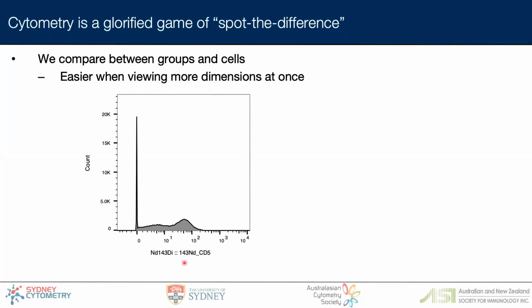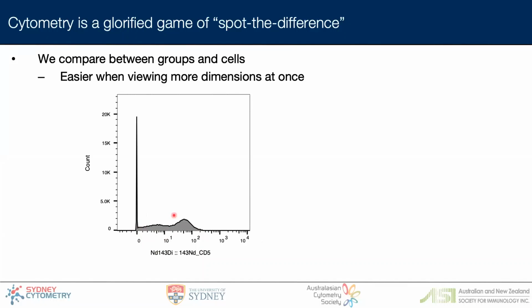We're looking at CD5 expression. These are just some PBMCs. This is some mass cytometry data, which is why there's a lot of cells banked up at 0. But what I hope you can appreciate here is that when we look at just one dimension like this, it can be difficult for us to determine where we want to cut off the positive from the negative cells.